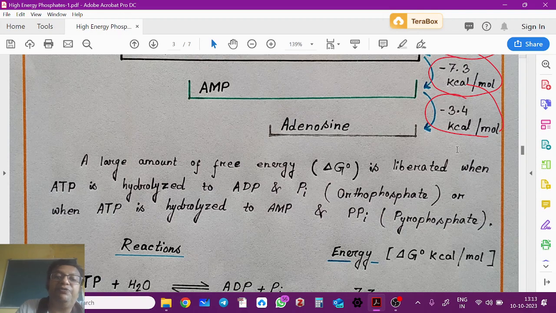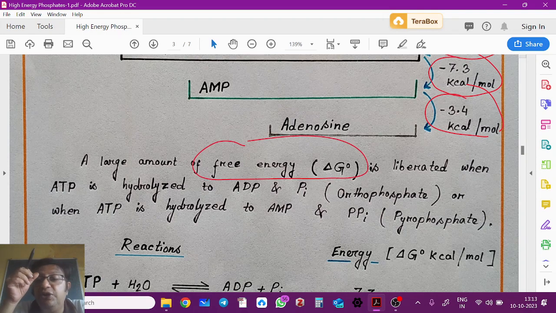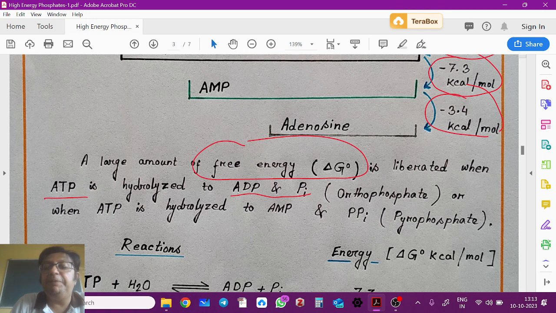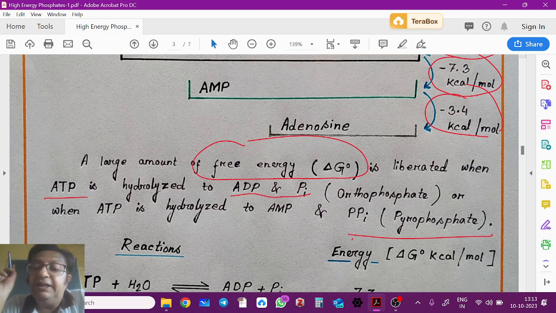So a large free energy, delta G zero, is liberated when ATP is hydrolyzed to ADP and Pi, orthophosphate. And PPi is pyrophosphate. Single phosphate is orthophosphate, and this is PPi.